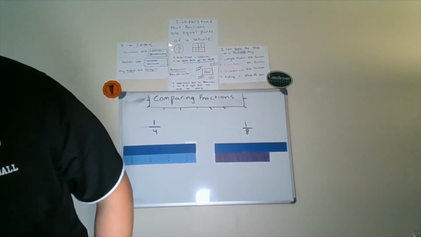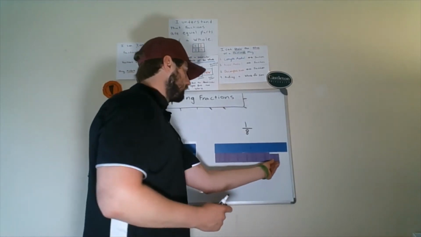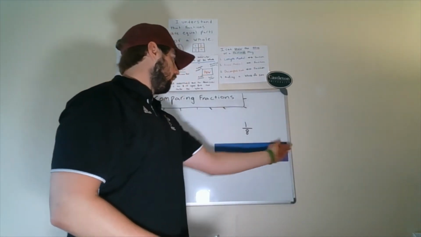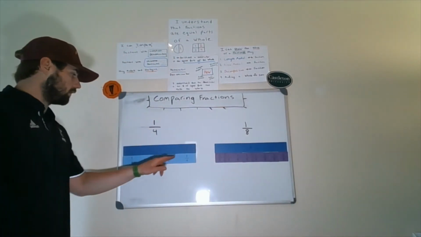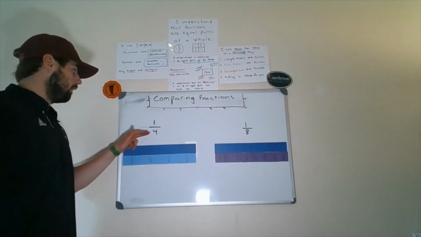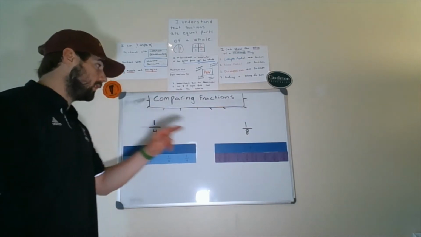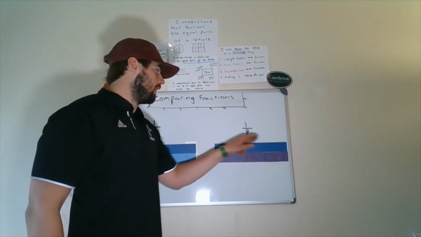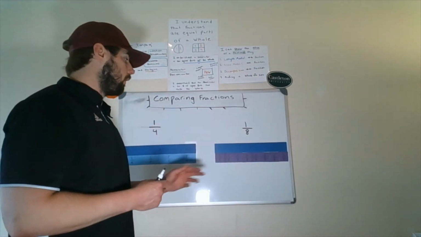Uh-oh. Good thing I got more 8s. 7, 8. So, 4 parts, 1, 2, 3, 4, make our whole with fourths. 8 equal parts, 1, 2, 3, 4, 5, 6, 7, 8, make our whole for our eighths.